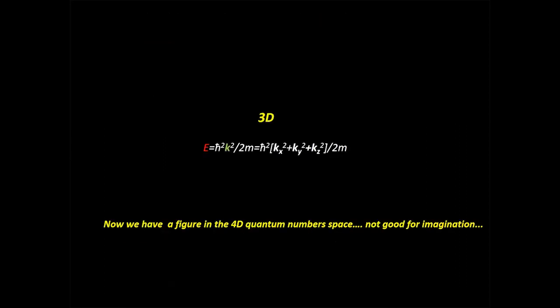In 3D it's not good for imagination. This parameter space is four-dimensional, because to represent this as a figure in some geometry you need three coordinates for momentum and one for energy. So that makes four dimensions, and at least for me, it's completely unimaginable.